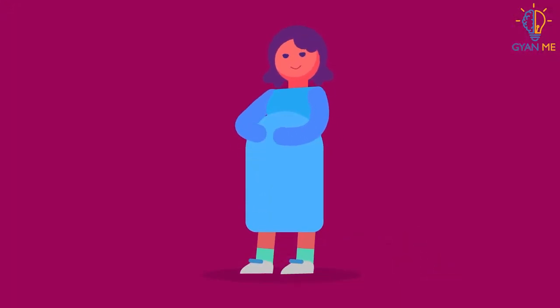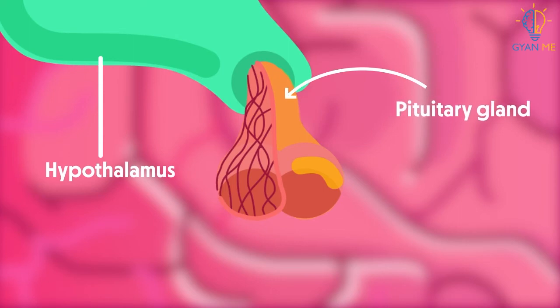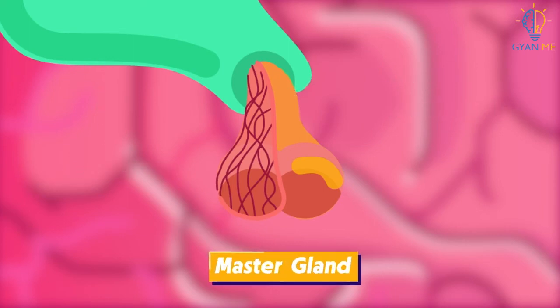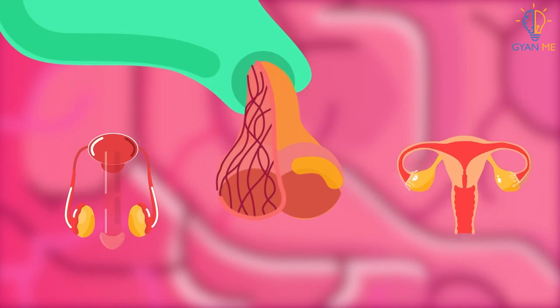Now, the production of sex hormones is controlled by the most important gland of our body, which is located in the brain, that is, the pituitary gland. As you already know, the pituitary gland is the master gland, which regulates all the glands of our body, including the testes and ovaries.